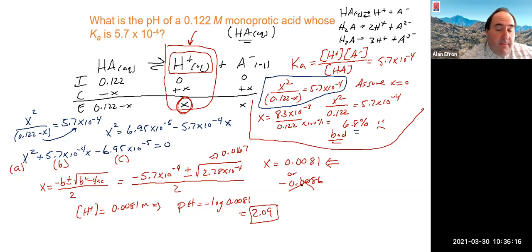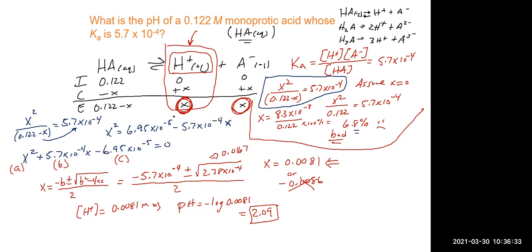So probably in most cases, the negative is really the wrong one because of that specifically, because you got really these two guys that are just X. So you can't really have a negative concentration at the end. So you want to go with the positive one. Other questions?